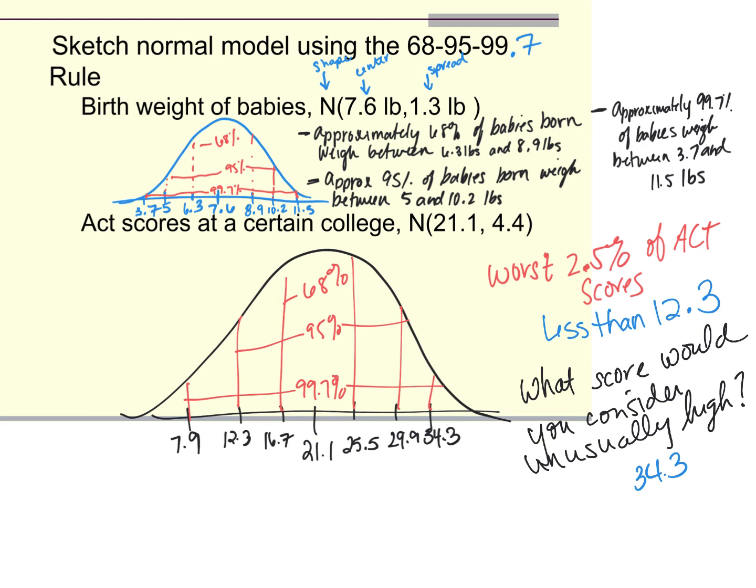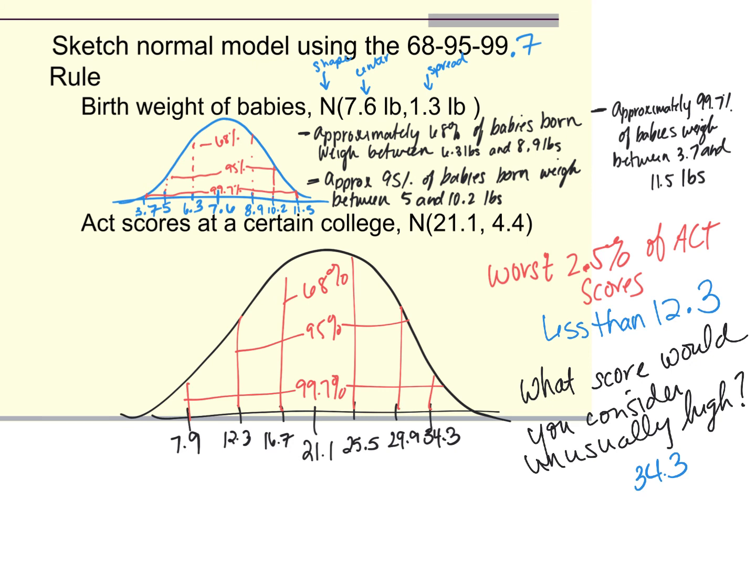So couldn't you argue that scores above a 29.9 are also pretty unusual if they only happen 2.5% of the time? Okay, so when you're asked about what scores you believe are unusual, you really want to talk about 2 standard deviations or more from the mean. You're not marked off if you say, I believe it needs to be 3 standard deviations from the mean to be considered unusual. That is true. But we can make an argument for 2 standard deviations being unusual, and that's going to be our standard.